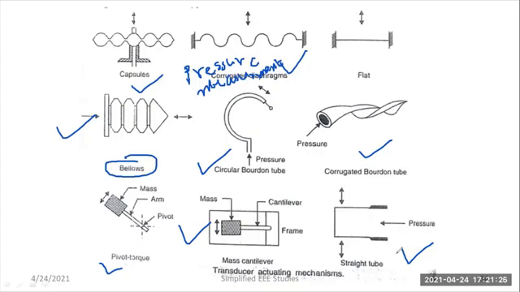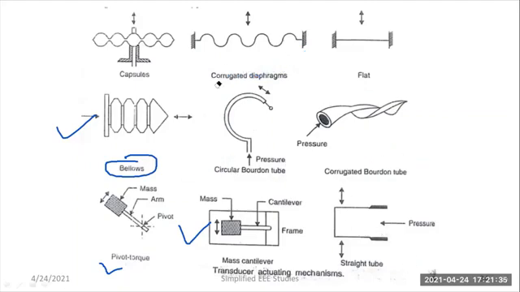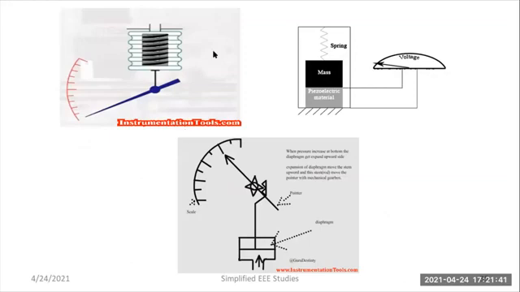Definitely, actuating mechanism will be involved in these types of devices. Now I'll show you the animated diagrams of the corrugated diaphragm and the mass cantilever in the coming slide.